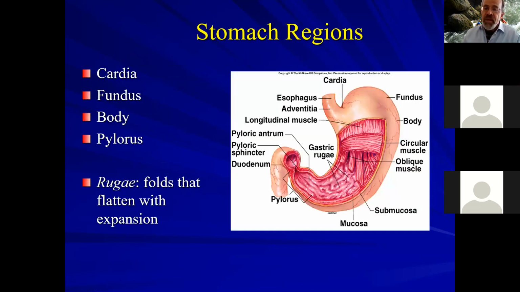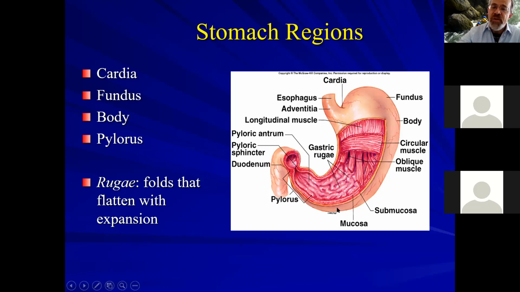All right. So this is a nice view of the stomach, and we're going to do a little bit of anatomy. First of all, the stomach is divided up into 4 regions. The part just adjacent to the esophagus is called the cardia. The part that protrudes upward is called the fundus, or fundic stomach.